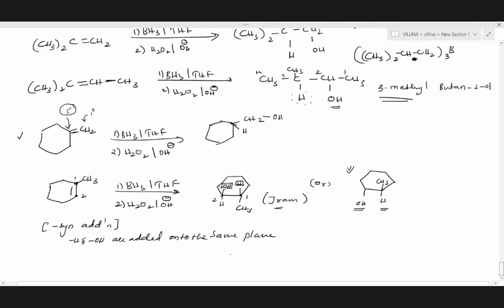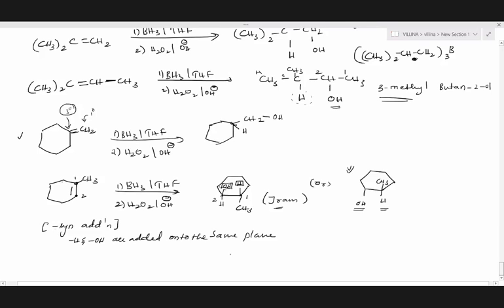Obviously 1, because that is a tertiary carbon. So hydrogen will be attached in this position and the OH will be attached over here. By default you will have hydrogen belonging to the ring. So this is the product. So this is a trans compound.